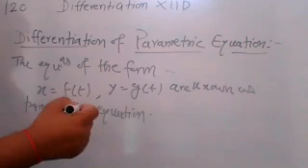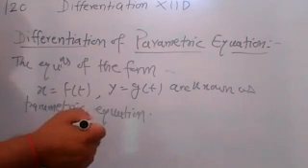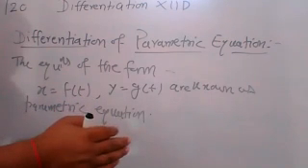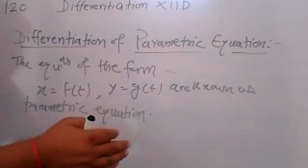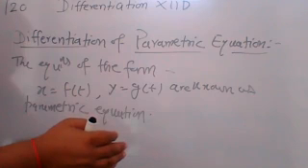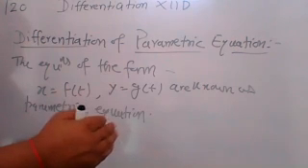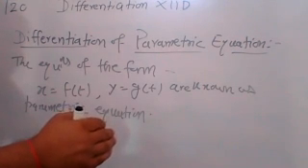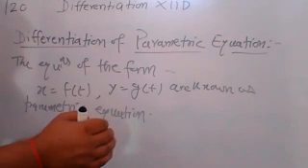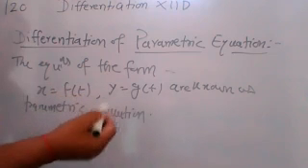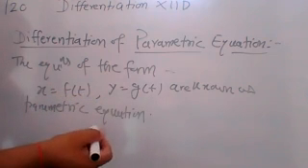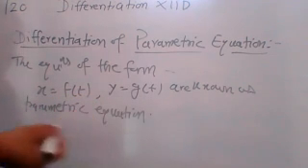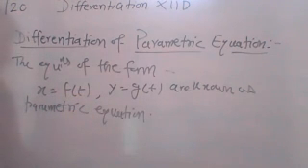And in previous exercises, that form of equation is known as equation in Cartesian form. Means if the equation is in terms of x and y, they are known as equation in Cartesian form. And here you have parametric equation. So how do you find the derivative of such type of function?